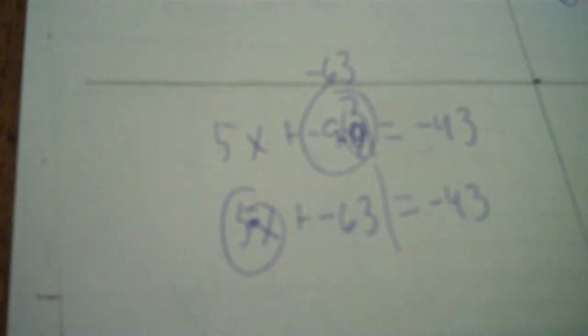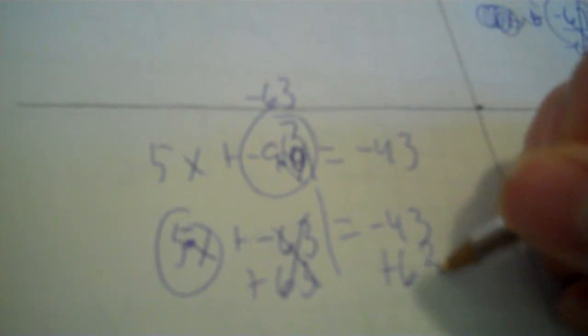Now you have to get the x by itself. So you take out your negative 63 by adding 63. So 5 times x equals negative 43 plus 63, which is 20. And then I divide by 5. And 20 divided by 5 is 4. So 4 and 7.